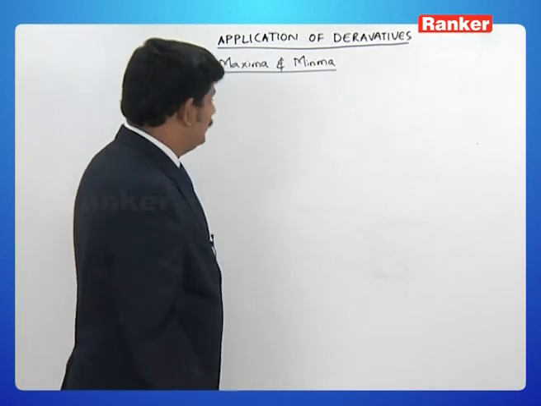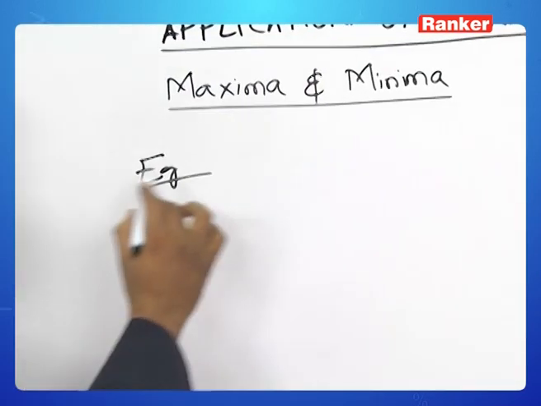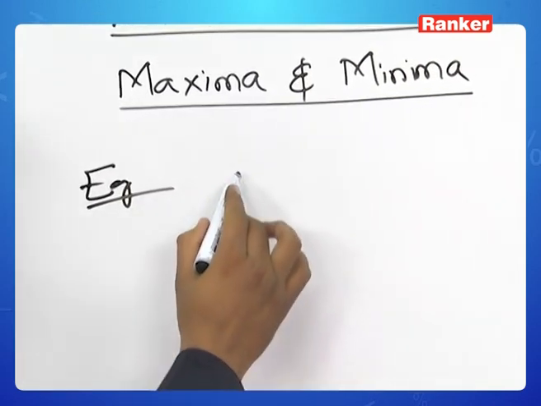Let us look at another example to identify local maximum and local minimum on a given graph.